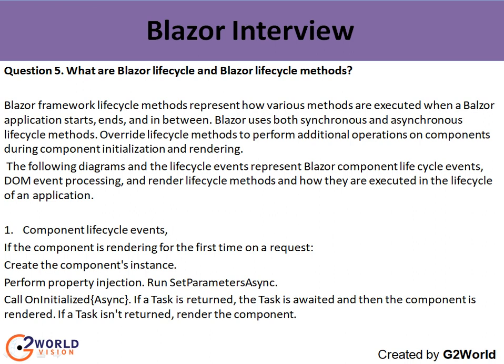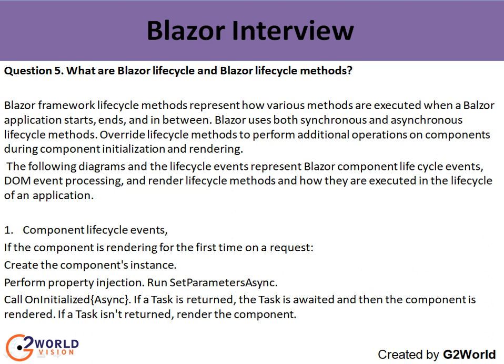The following diagram represents the Blazor component lifecycle events, DOM event processing, and render lifecycle methods, and how they are executed in the lifecycle of an application. Number 1. Component lifecycle events.